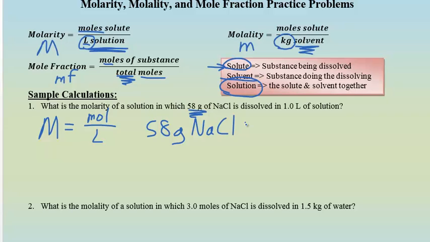If you think back to your previous units, you know how to convert grams to moles. We want the units of grams to cancel out, so we're going to put the grams of NaCl on the bottom, and we want to get to the moles of NaCl. Well, in order to make that conversion, if you remember from the past, you are going to figure out the molar mass of NaCl. In 1 mole, the molar mass of it is 58.5 grams.